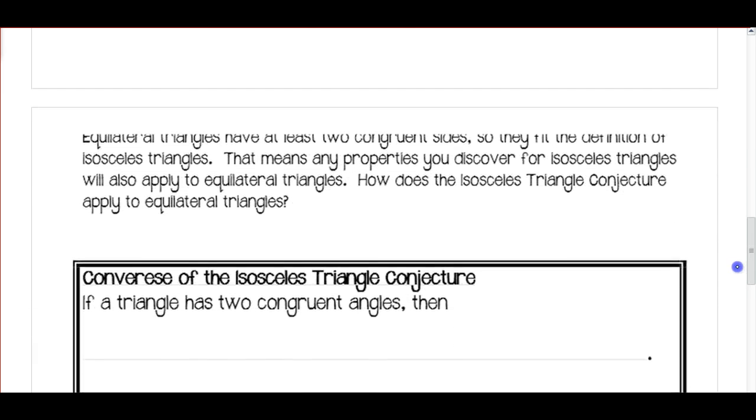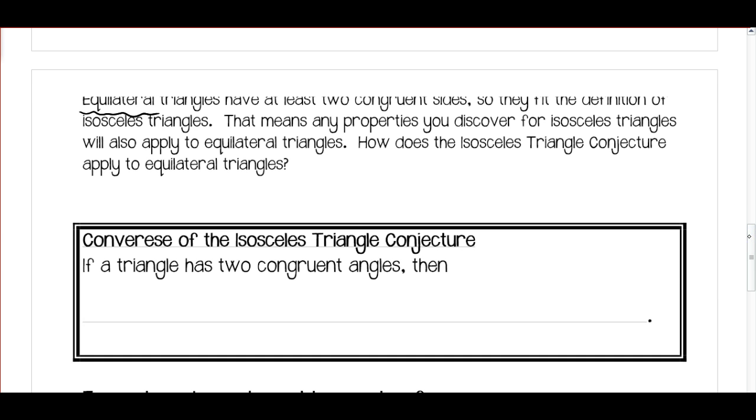Equilateral triangles have at least two congruent sides, so they fit our definition of an isosceles triangle. Any properties that we have for isosceles triangles will also apply to equilateral triangles. So how would the isosceles triangle conjecture apply to equilateral triangles?